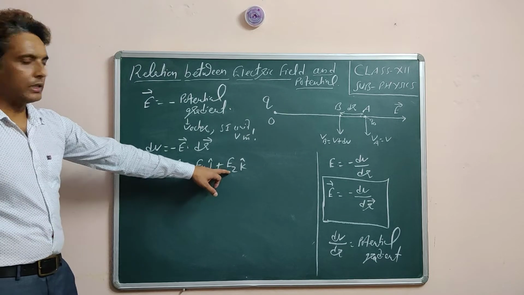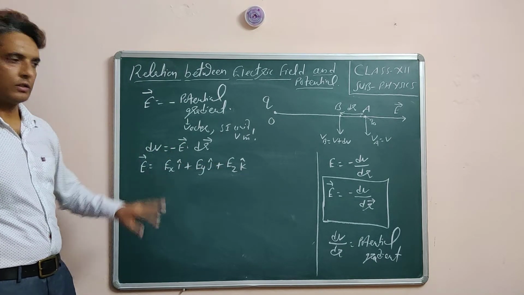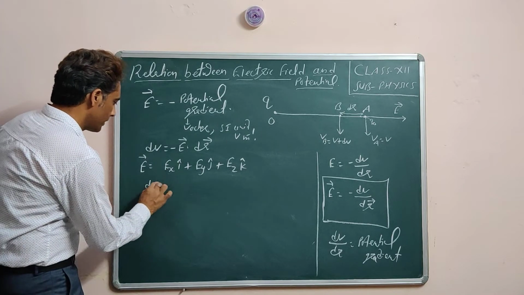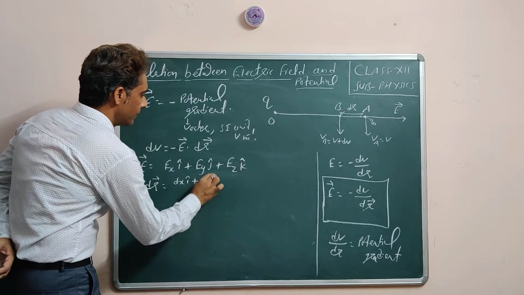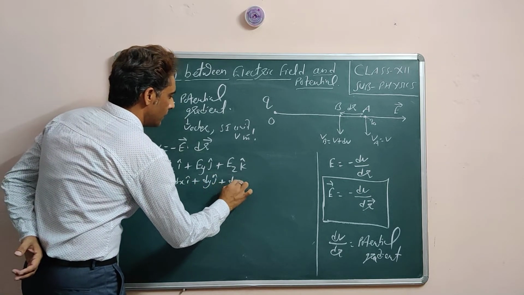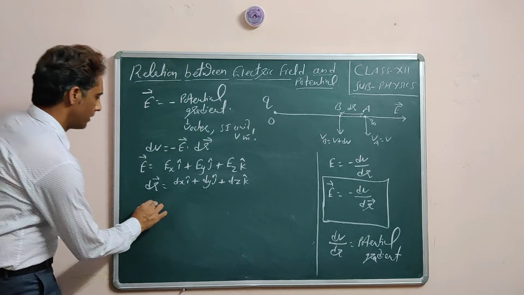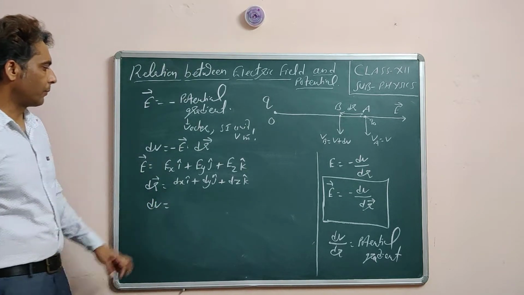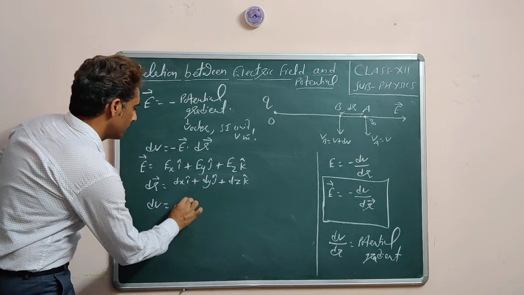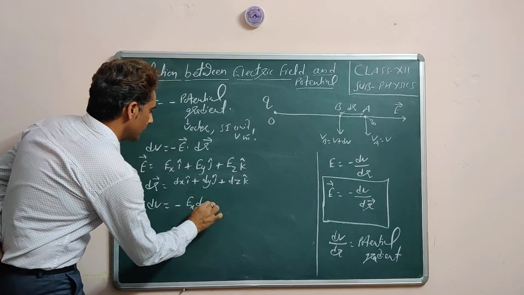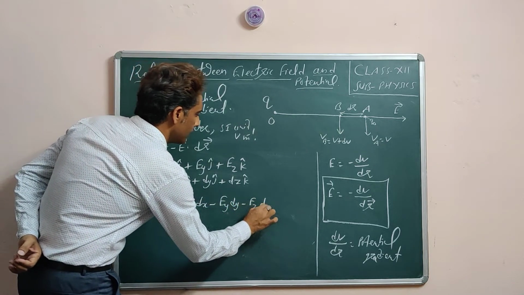Here Ex, Ey and Ez are components of electric field along x-axis, y-axis and z-axis. We can also write dr as dx i plus dy j plus dz k. So from here, putting the values of E and dr, dV will be equal to minus Ex dx minus Ey dy minus Ez dz.